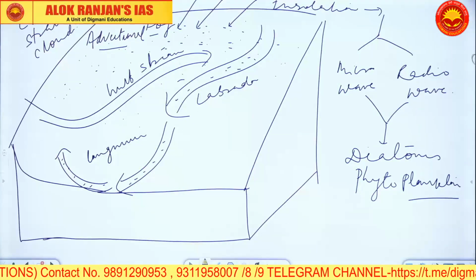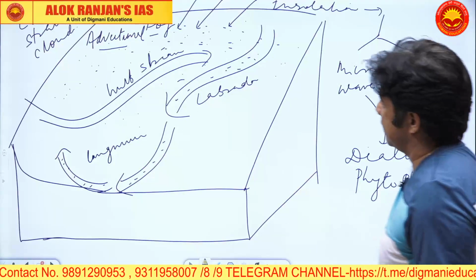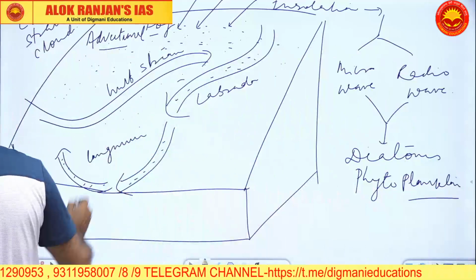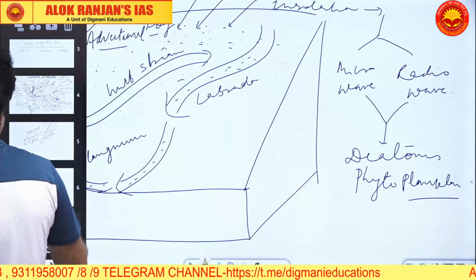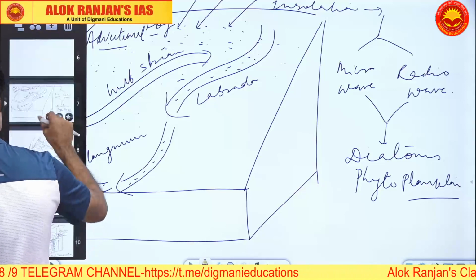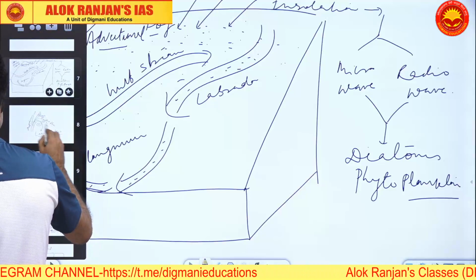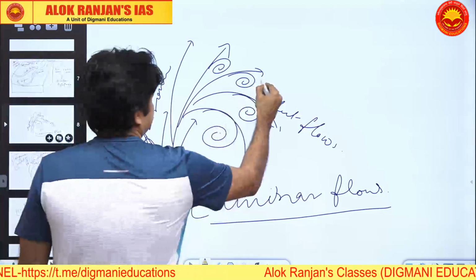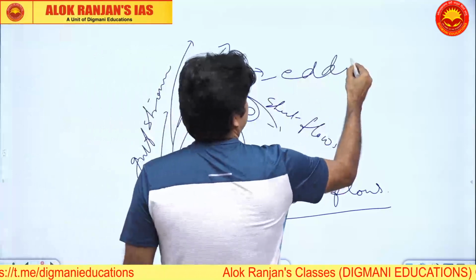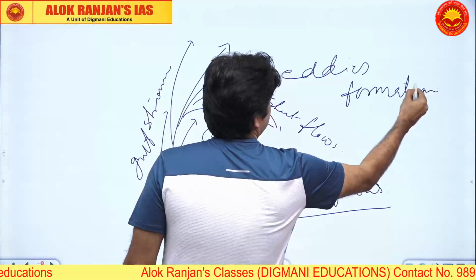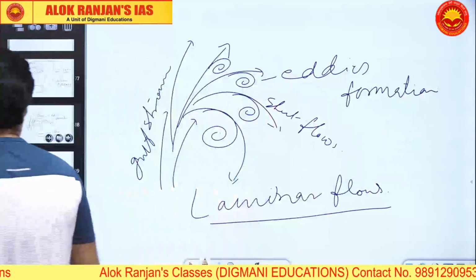Langmuir circulation and the fishing belt. This is the advectional fog that is written. Then this was laminar flows and eddies formation. These are eddies. Eddies formation.